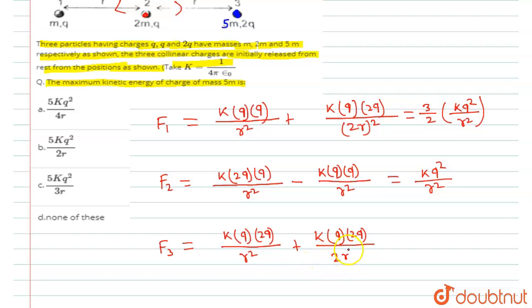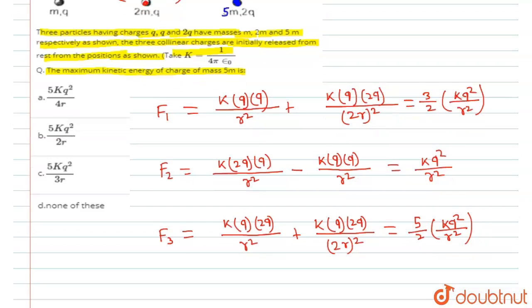The distance is 2R, so 2R whole square. This is equal to 5 by 2 KQ square divided by R square.